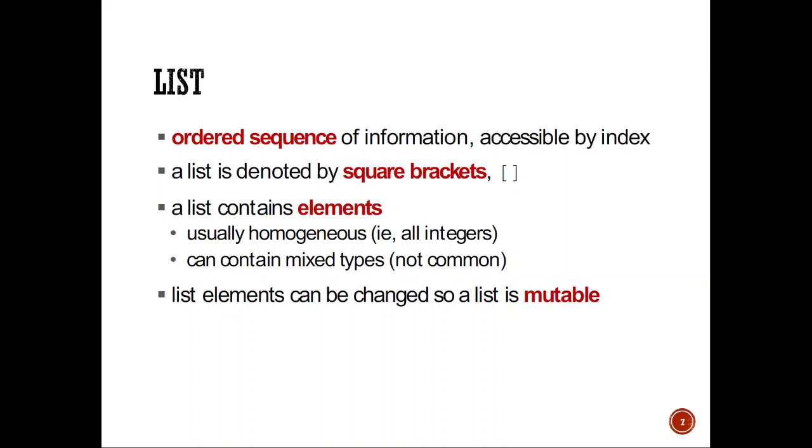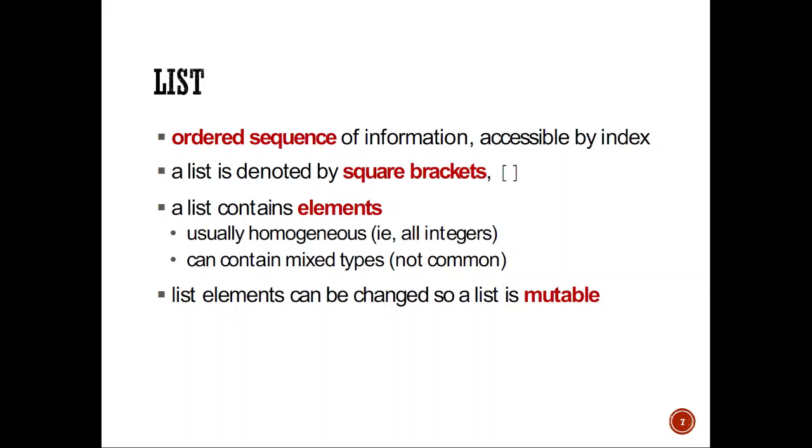Lists are ordered sequences of information accessible by index. A list is denoted by square brackets and it contains elements, usually homogeneous. That is, for example, all integers, all strings.